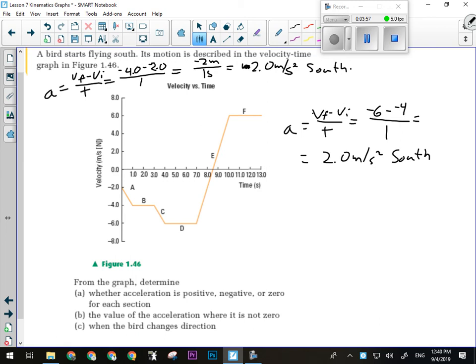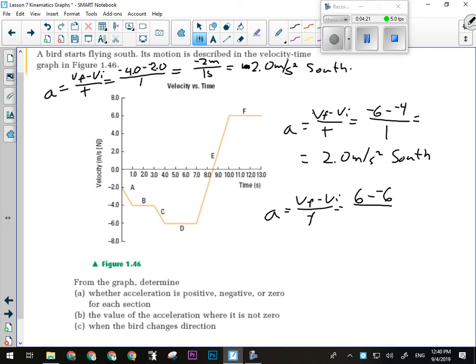The next place where this thing accelerates is during section E. And there's a lot of acceleration. There's a very big change in velocity during section E. We go from negative 6, which is our initial velocity, to positive 6. So we want to use this formula again: a equals vf minus vi over t, and we're going to have 6 minus negative 6, divided by the time.